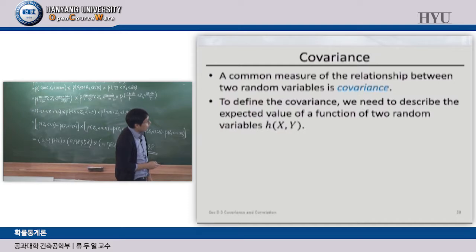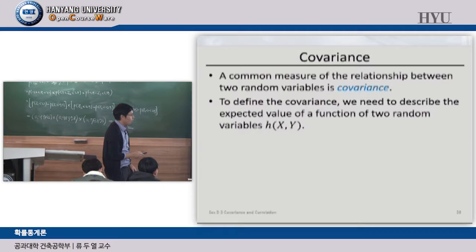And to define the covariance, we need to describe the expected value of a function of two random variables, h(X, Y).